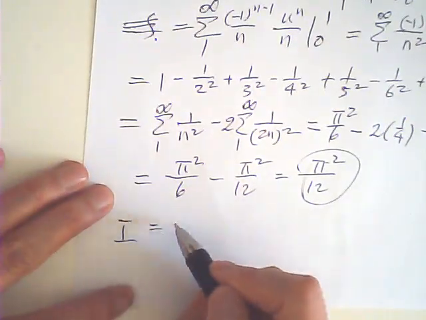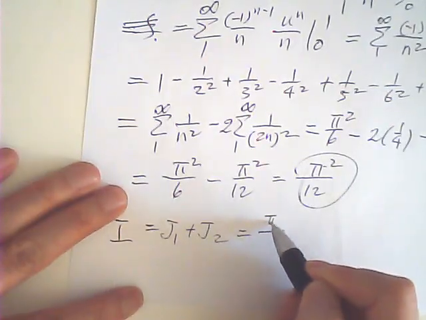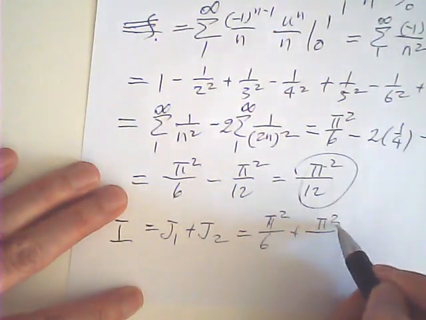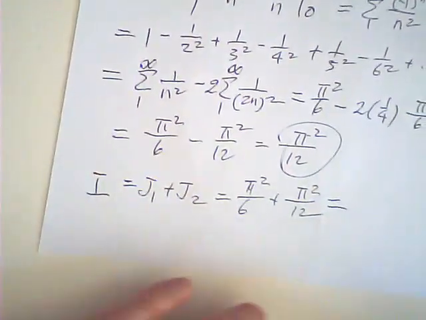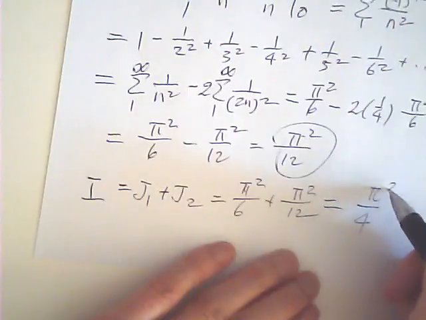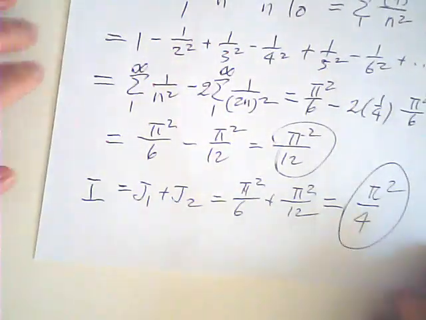So this one is equal to J1 plus J2, which is pi squared over 6 plus pi squared over 12. That is equal to pi squared over 4. Yeah, good. Okay, it's done by method 1.